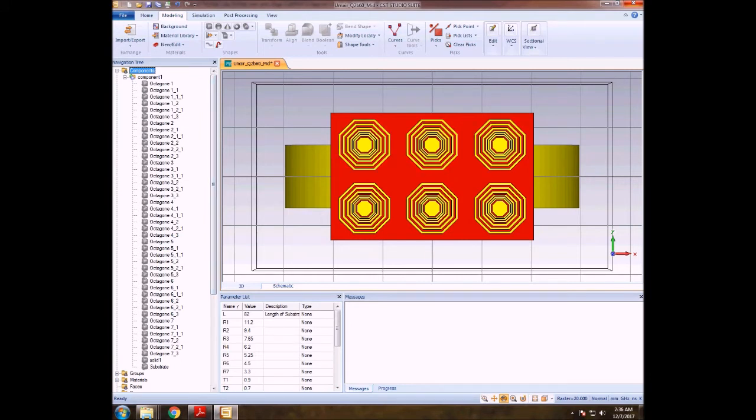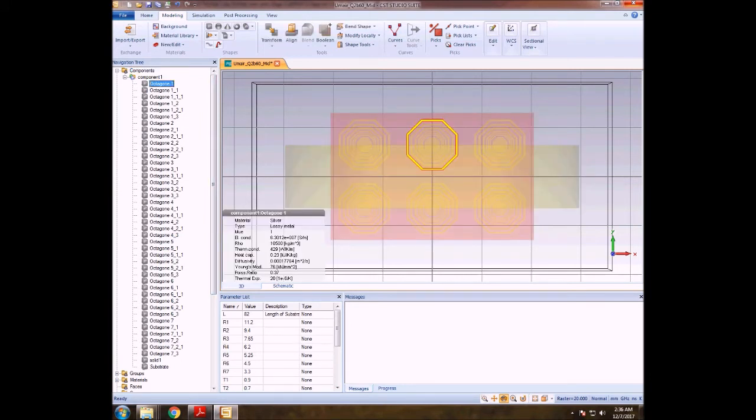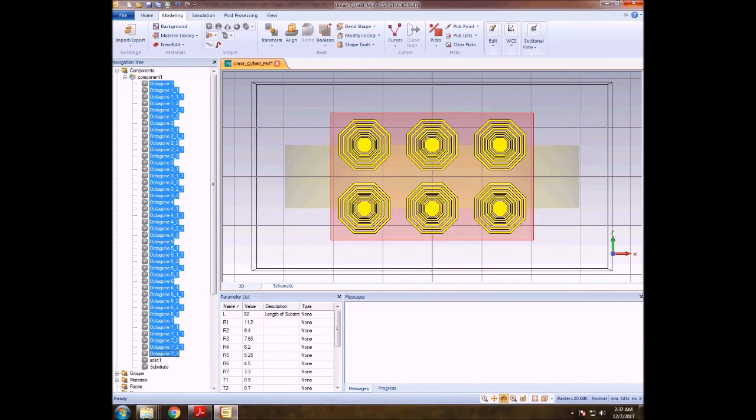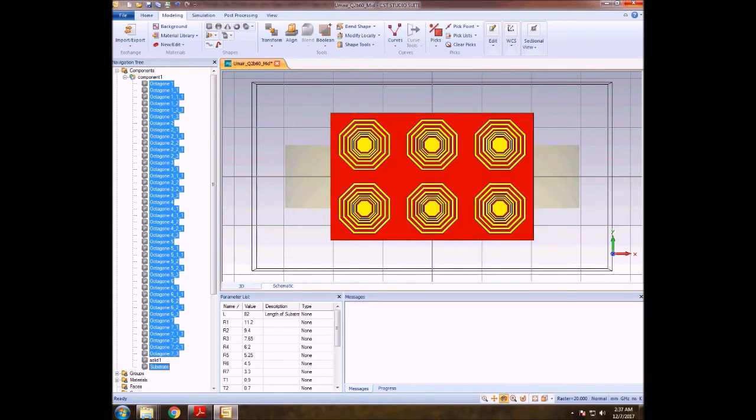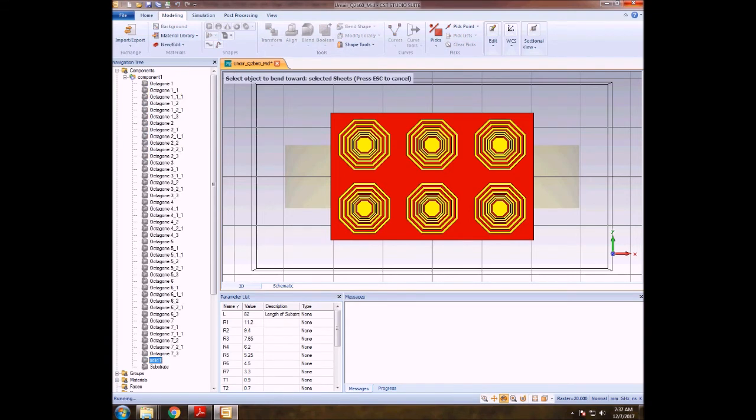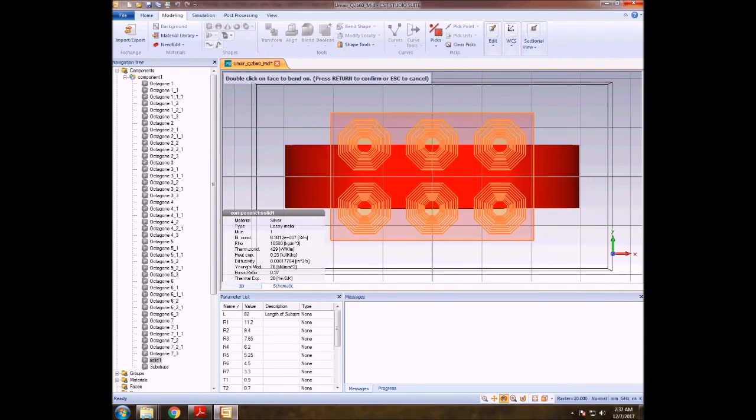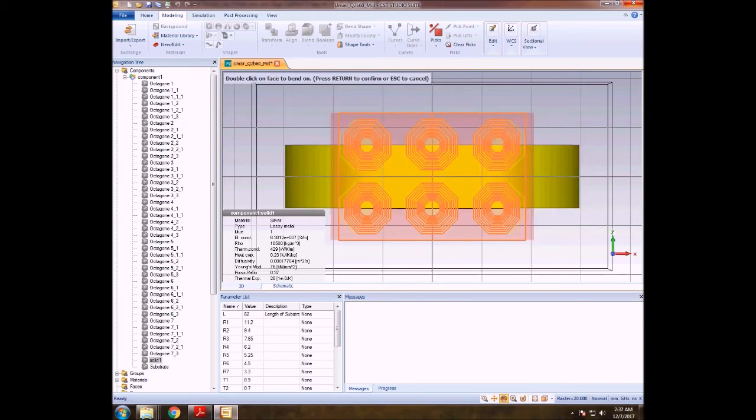Now we have to bend these octagonal shapes and substrate on this cylinder. So we select all the octagons and substrate and go to bend shape. Then we select solid one. Now we select this face, double click on this face and then press enter.